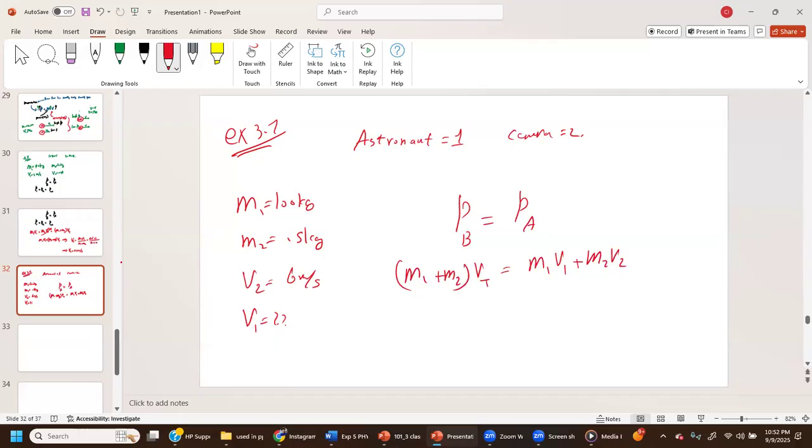So in this case, your total velocity before was zero. Your VT is going to equal zero, which means that this side will go to zero.